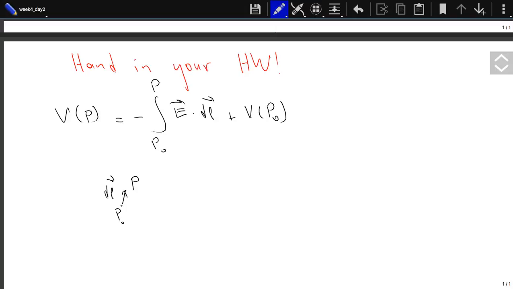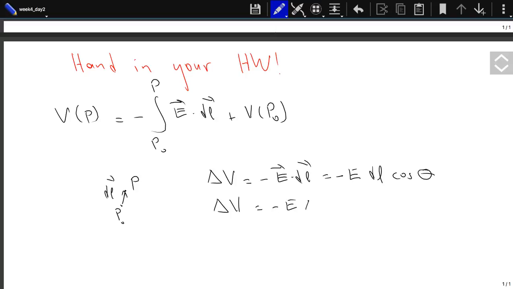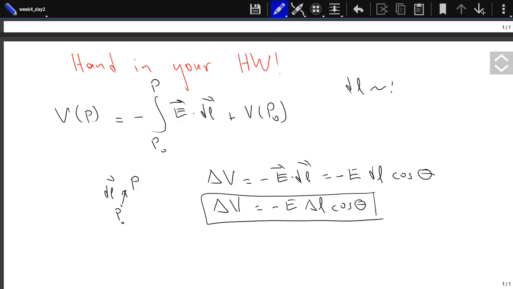Now this expression already tells me the change in the electric potential, so we can say that the change in the potential is equal to minus E dot dl, which is minus the magnitude of the electric field times dl times cosine of theta. I will use dl and delta L interchangeably; they mean the same thing.